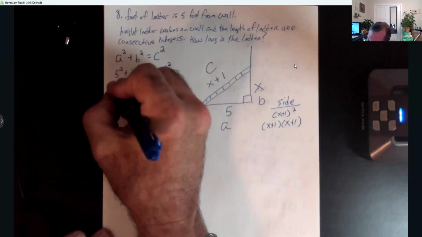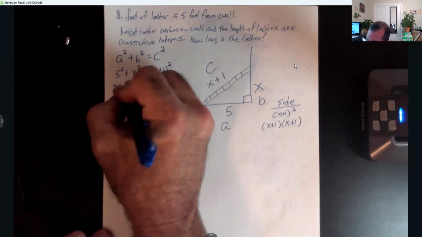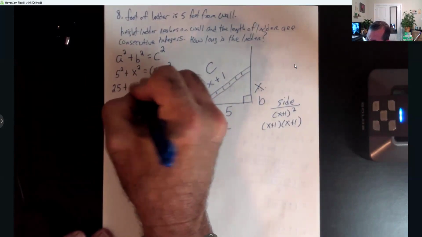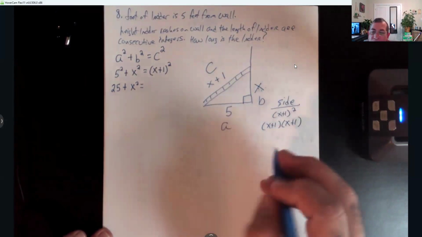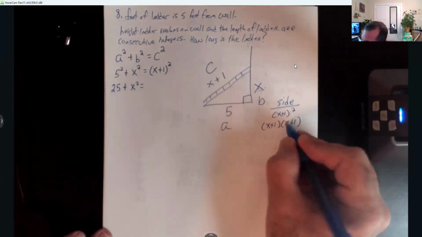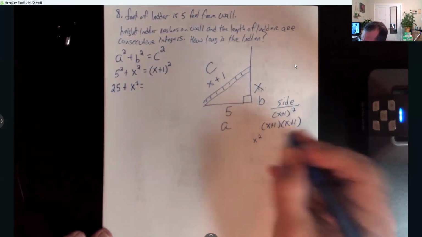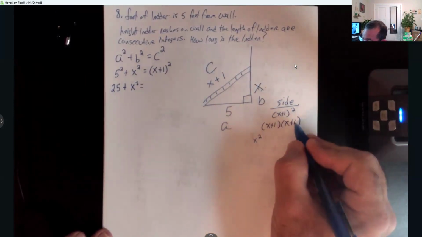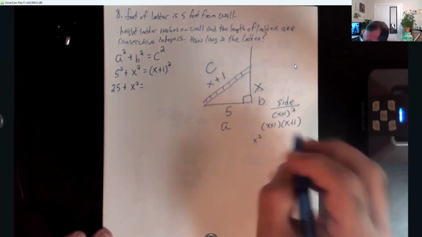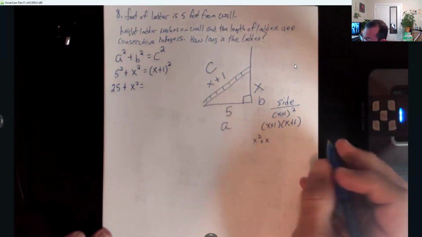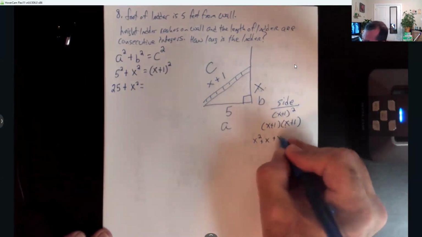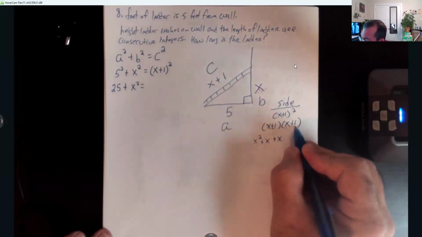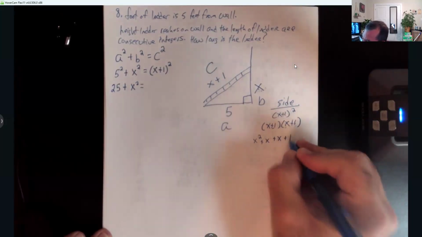All right, y'all, 5 squared is 25 plus my x squared. Whoops, we got to FOIL that real quick to see what we're going to put here. So y'all, here we go. X times x is x squared. X times 1 is 1x. 1 times x is 1x. And y'all, 1 times 1 is 1.